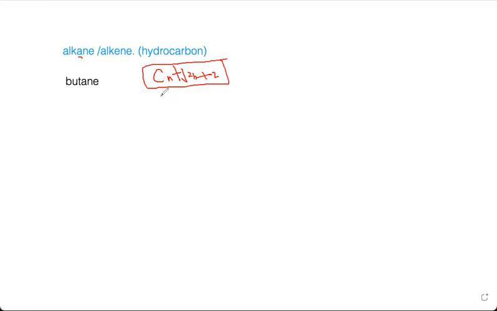Butane contains 4 carbons, so C4, H2n, so 2 times 4 plus 2. You get C4H10. This is the molecular formula of butane.